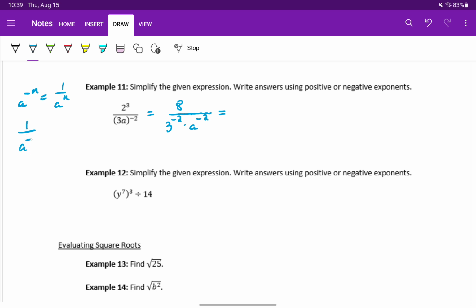If we have 1 over a to the negative n, we can rewrite this as a to the n over 1. So we take the reciprocal of that expression either way. So we can rewrite this as 8 times 3 squared over a to the negative 2, meaning in the numerator we have 8 times 9, or 72, over a to the negative second power. Since we can use negative exponents, we can leave our answer like that, or we could flip that a up to the numerator and write this as 72a squared.